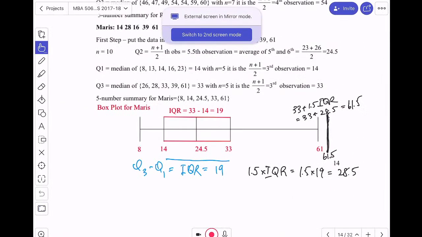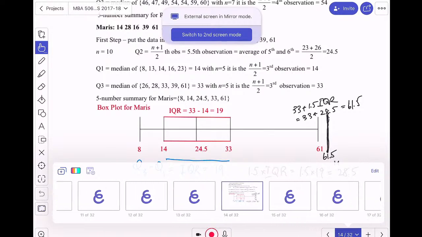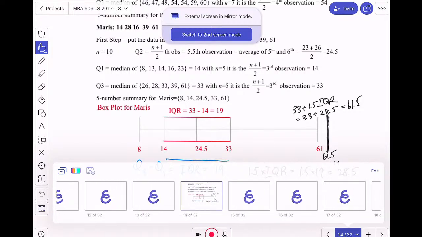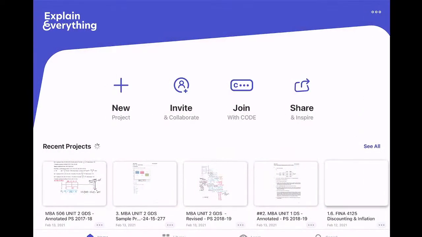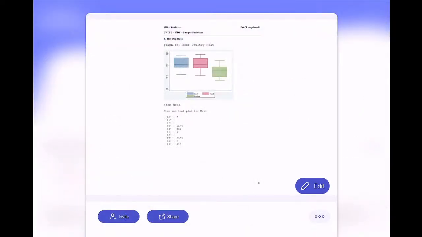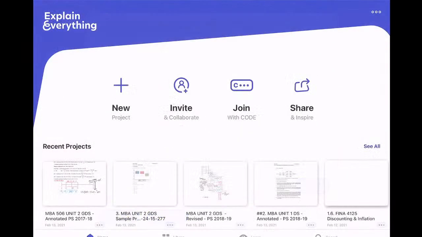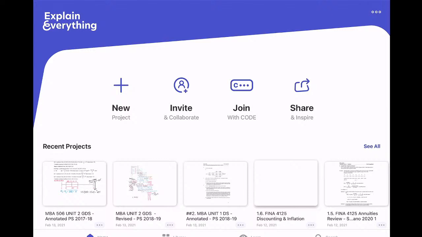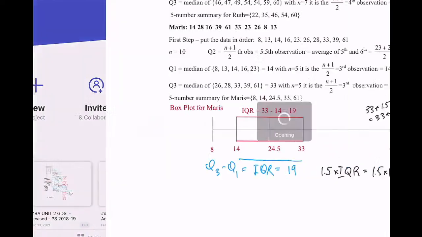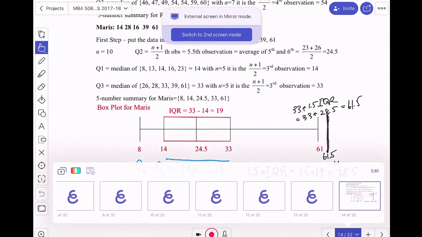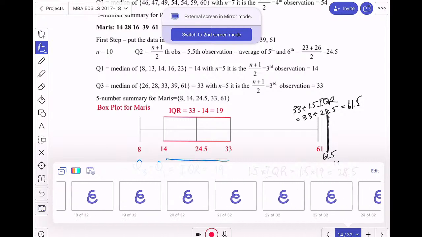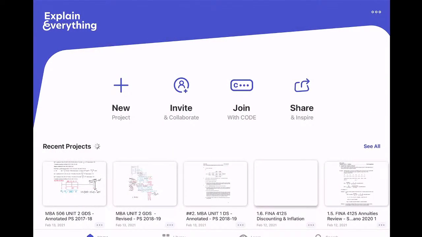Let's try it like this. It's having trouble reading that file. Okay.